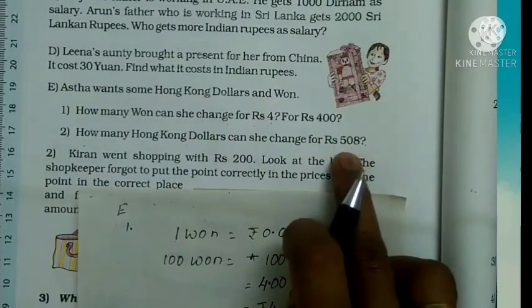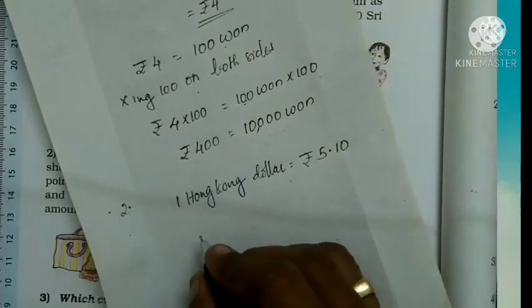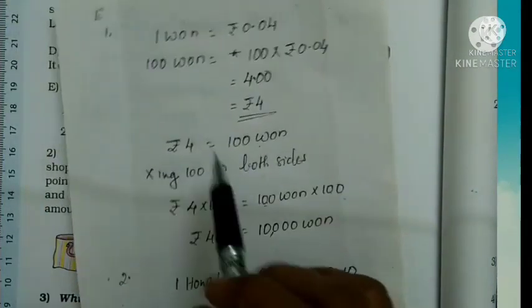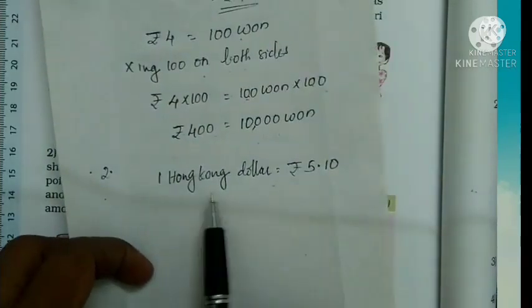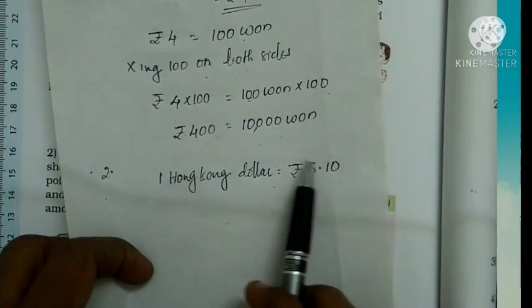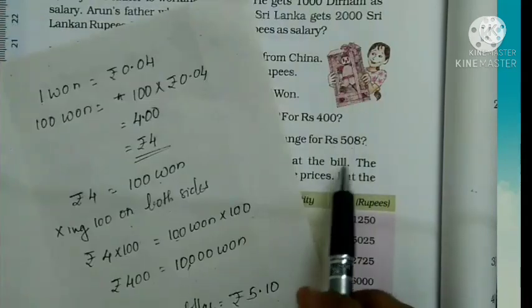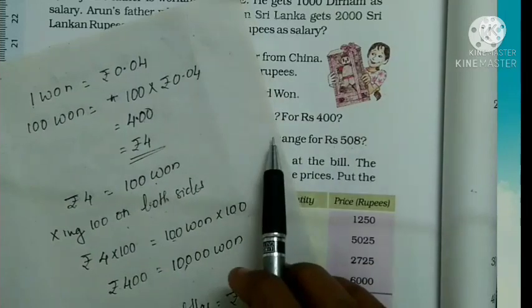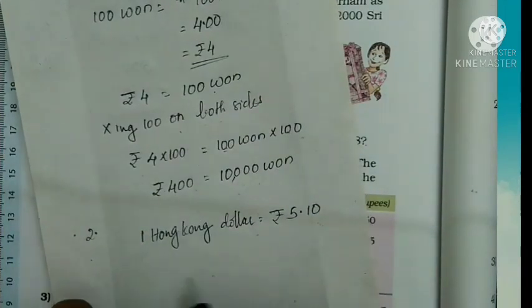Next we have to find out how much amount in rupees 508. So here we have to use the multiplication, but here we have to use 1 Hong Kong dollar's amount is this. So here we have to find out how many Hong Kong dollars. So there we have to use the division.